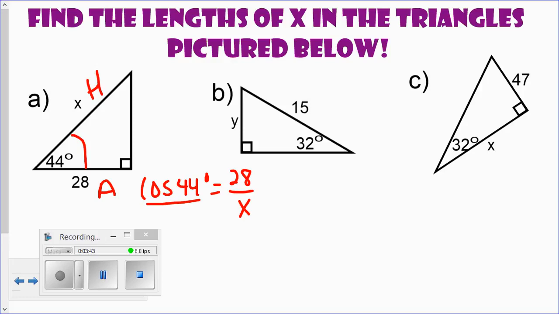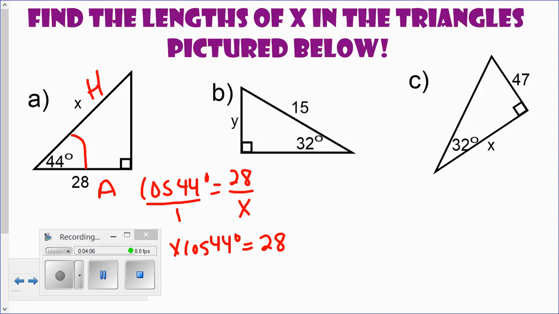So once again, we will set up a proportion and cross multiply. So I have x times the cosine of 44 degrees is equal to 1 times 28, which is 28. Now this one's a little different because the x is in a different place than it was in the last problem. So I need to solve for x. Just think about this. Cosine of 44 degrees, that's just some number.